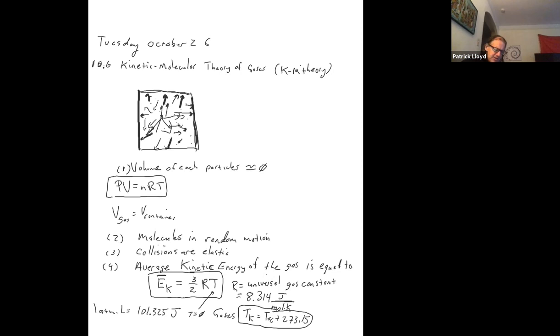And then the average kinetic energy of these molecules is directly proportional to the temperature. So as the temperature increases, they have more kinetic energy. As the temperature cools down, they have less kinetic energy. And you can calculate the average kinetic energy by using this very simple equation, 3/2 RT. Now that equation doesn't tell you how fast any one molecule is moving. It just tells you what their average is.